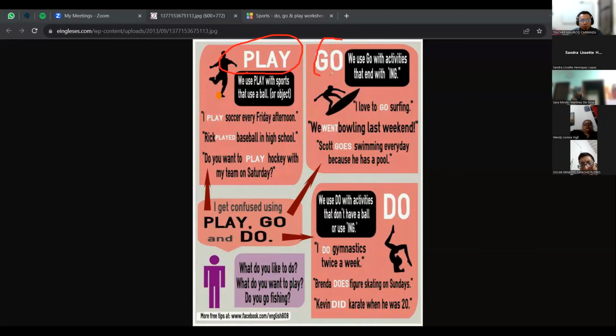If the sport ends in ing, you use go: go surfing, go swimming, go bowling. If the activity doesn't involve a ball and doesn't end in ing, you just do: do gymnastics, do karate, do yoga, do judo, etc. That's how you identify when to use each verb. Clear?